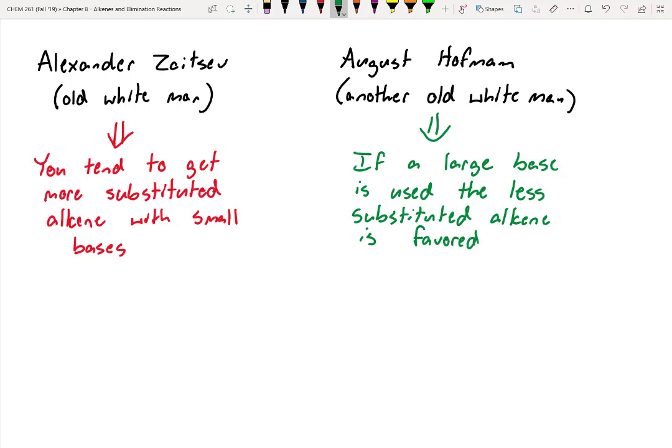So these two chemists noticed these competing trends, and because of that, these names have stuck. Anytime you get the more substituted alkene, this is referred to as your Zaitsev product. Anytime you get your less substituted alkene, this is called your Hofmann product.